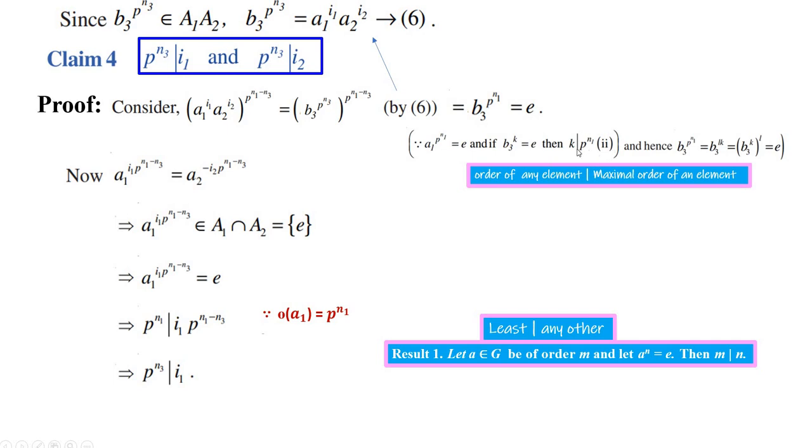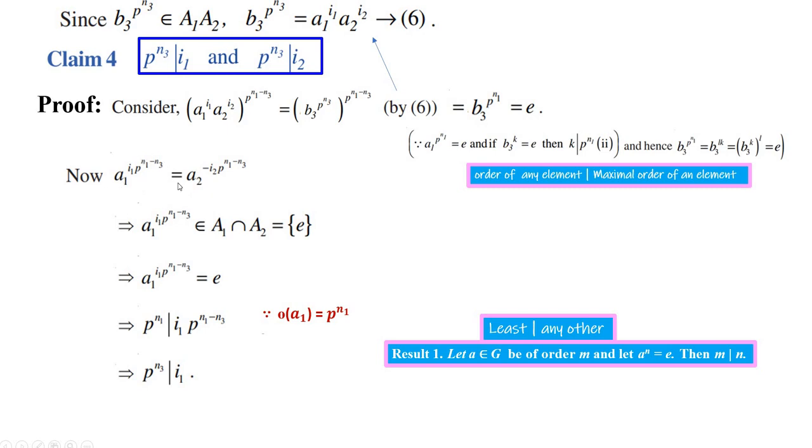So you have this k dividing this, and hence if you consider b3 raised to p^n1, it will be some integer times k. So that is rewritten in this way, but b3^k we have taken as e, so you have this to be e, right? So you have b3 raised to p^n1 to be the identity element, and this in turn implies this one goes to the other side, so you have this.